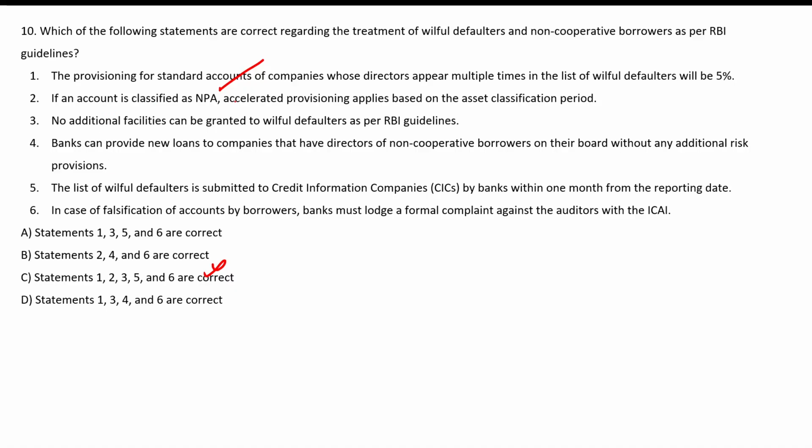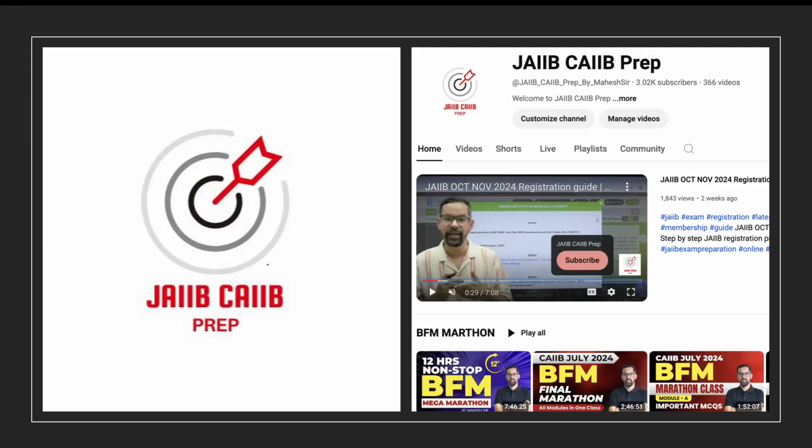If an account is classified as NPA, accelerated provisioning applies based on asset classification period. So accelerated provisioning applies when the accounts become NPA based on asset classification, and hence this is correct. So statement number 2 is correct. So 1 and 2 are here together, and hence option C is the correct answer for this question.